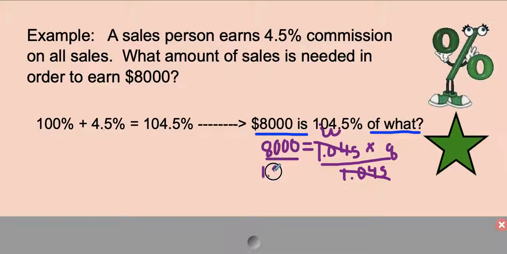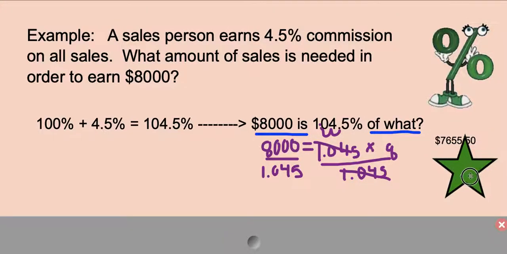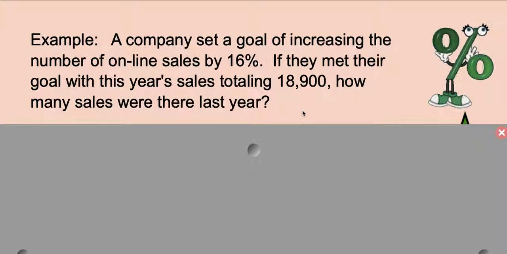And then that should give me that value, like we said, that should be less than 8,000. So pause, do your 8,000 divided by 1.045. And we should get $7,655.50.